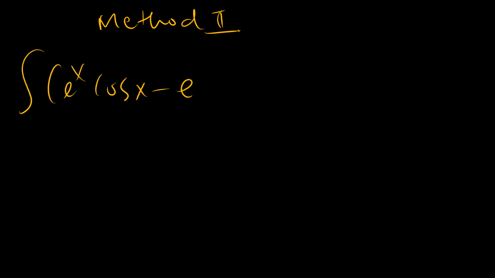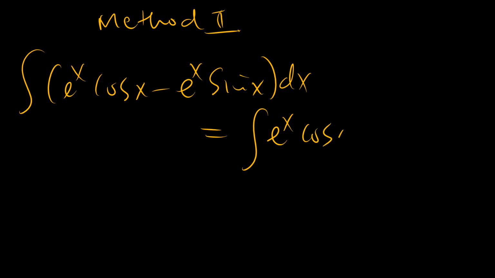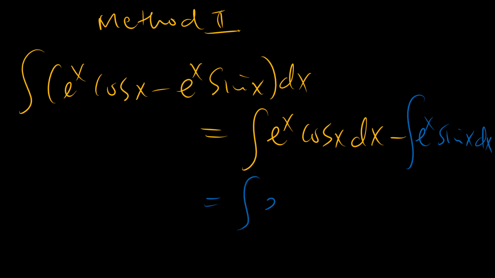What about method 2? Yes. So if we have e to the power x cosine x minus e to the power x sine x dx, and we express it as two separate integrals, I'll use blue here. Such that we have the integral of e.